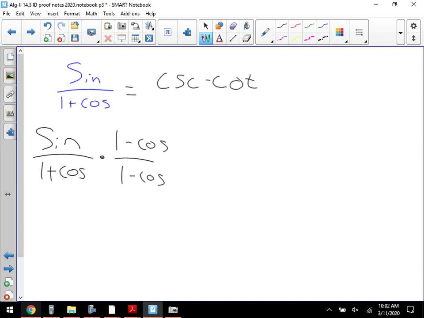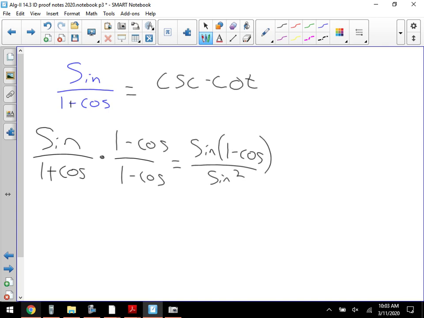If I do the conjugate, my denominator becomes 1 minus cosine squared. You okay with that? What's 1 minus cosine squared? In other words, it's called sine squared. My numerator becomes sine times quantity 1 minus cosine.